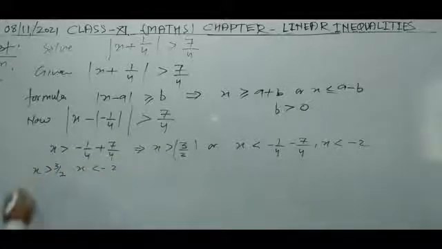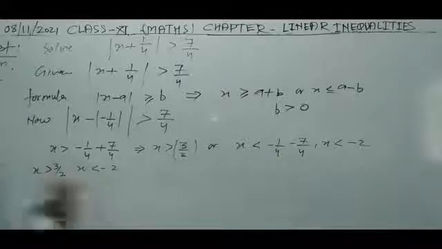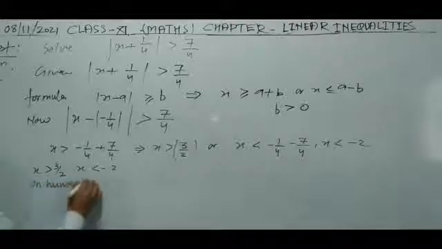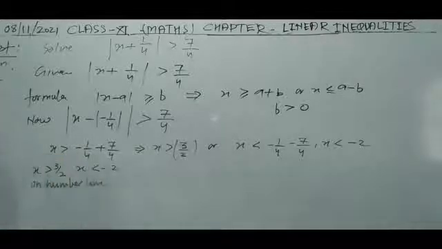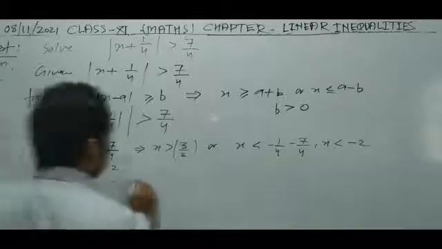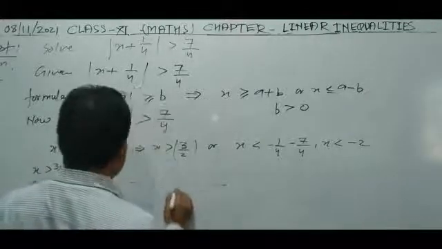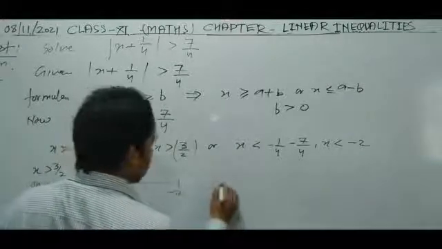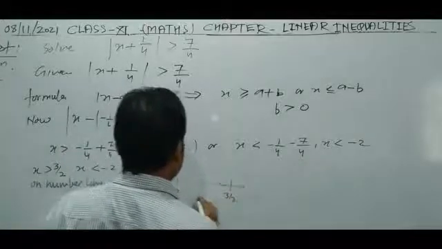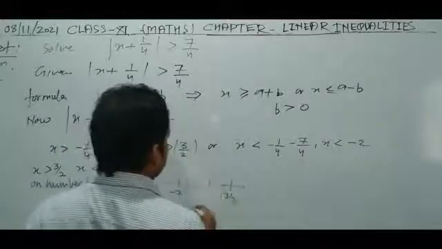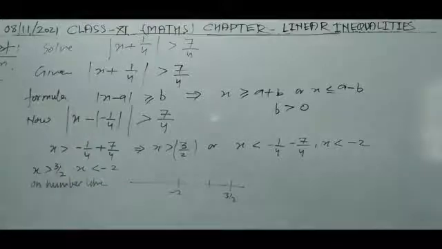So the solution set on the number line: suppose this is minus 2 and this is 3 by 2.